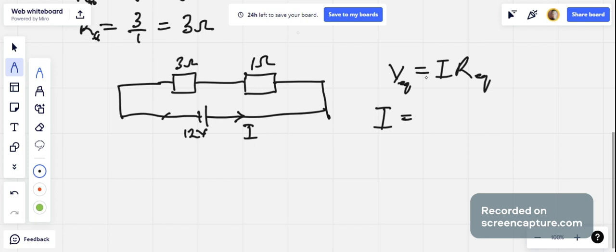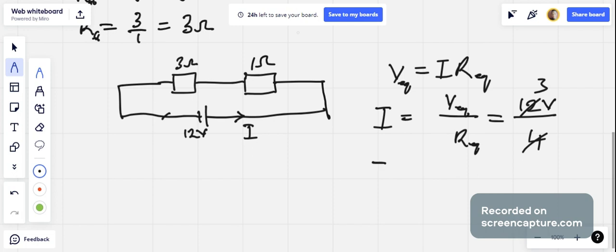If you make I the subject of the formula, I equals V equivalent over R equivalent. Our V is 12 volts over R equivalent. The 3 ohm resistor and 1 ohm resistor are in series, so the equivalent resistance is their addition: 3 plus 1, which is 4. So 12 divided by 4 is 3, and the current there will be 3 amps.